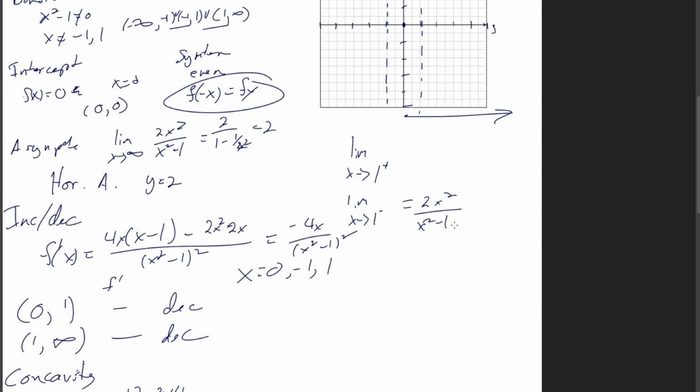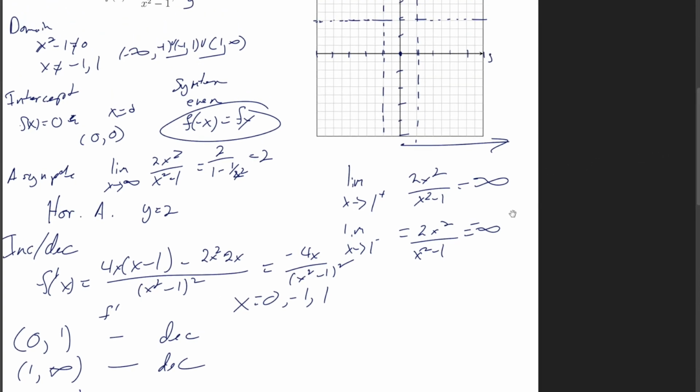That means the bottom is going to be ever so slightly less than 1, and so this becomes negative. This will be positive, so this goes to minus infinity. At positive 1, the bottom is slightly over 1 so this will be positive, and this will be positive, so it goes to positive infinity.